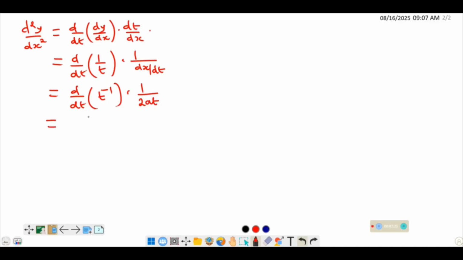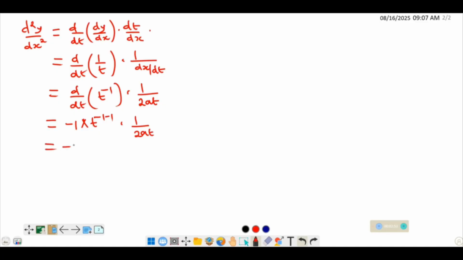Now differentiate this expression with respect to t. Drop the power, negative 1, then multiply by t raised to the power of negative 1 minus 1. That is how we differentiate: drop the power, reduce the power by 1, but you can do it at once. This is times 1 upon 2at.